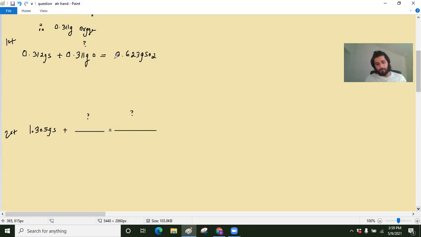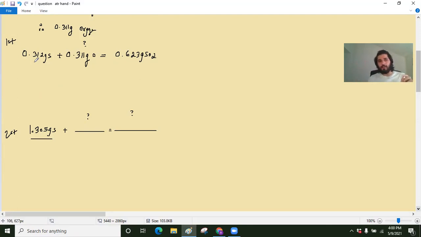And how do we do this? Well, if you want to figure out how much oxygen you need for a particular amount of sulfur, that's what we're doing in the first situation. We're looking at this much sulfur, how much oxygen do I need to make that sulfur dioxide? We have this information in terms of its proportions in the first scenario.